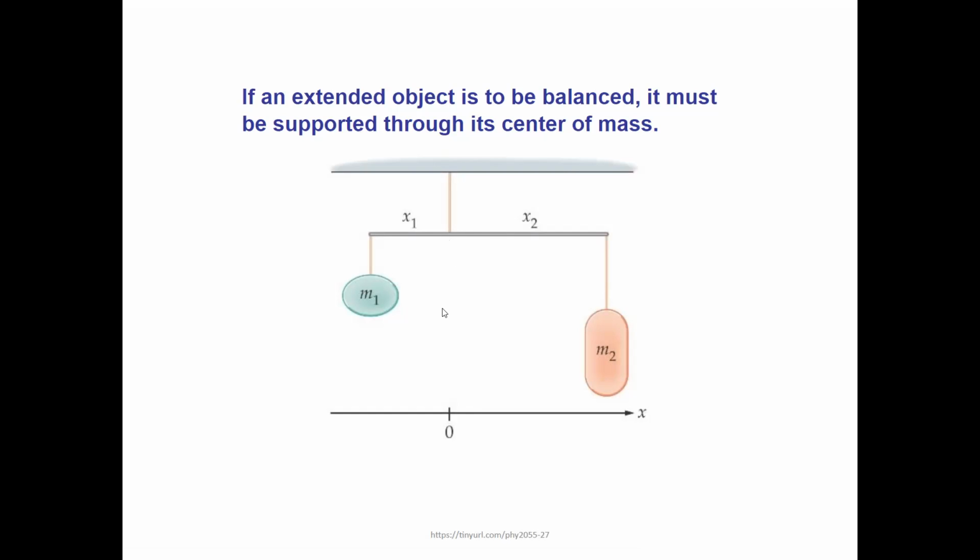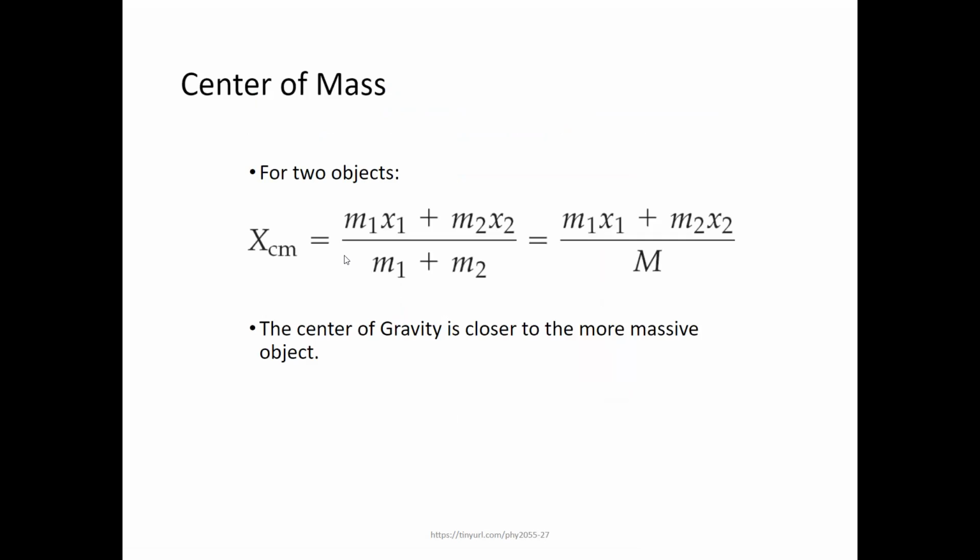For the center of mass of two objects, you'll do the mass of object one times its x coordinate, m1 times x1, plus mass 2 times the x coordinate of object 2, m2 times x2, and then divide by the combined mass. Just use capital M for the combination of m1 plus m2.